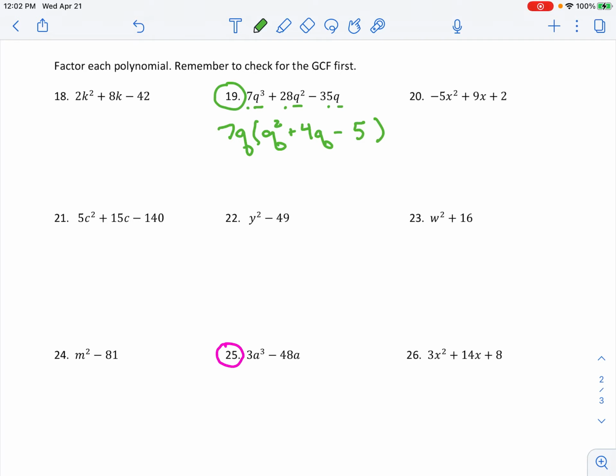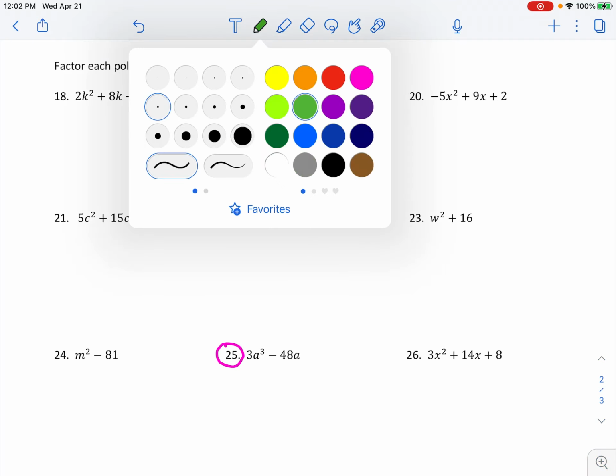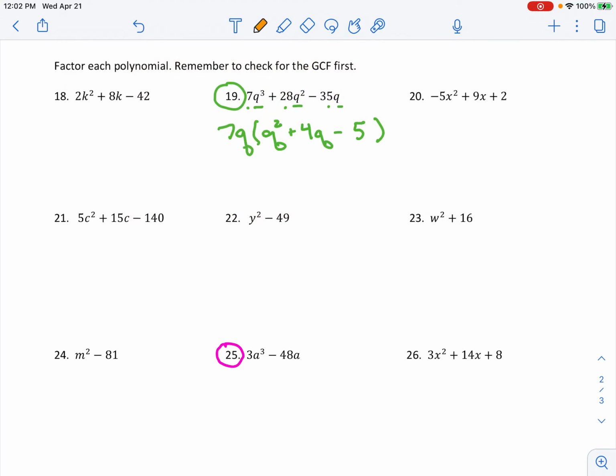So now, if I look at this, can I factor what's in the parenthesis more? Well, there's a 1 in front, so you could look for two numbers that multiply to negative 5 that add up to 4. Well, if you have 5 and 1 that multiplies, oh, this has to be negative 5. So one of those would have to be negative.